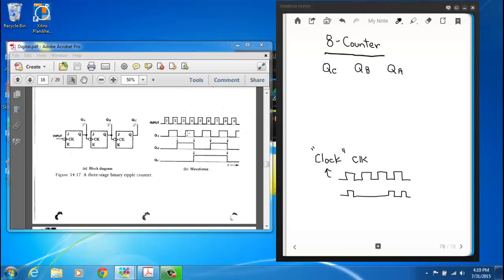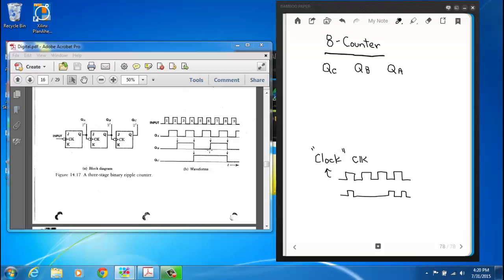If you compare QA to the input signal here, you'll see that in the time that we get 8 pulses at our input, at QA we get 4 pulses. So there was a divide by 2. And then QB is going to be half the frequency of QA. During the time we get 4 pulses at QA, we get 2 pulses at QB. And then QC is going to be half the frequency of QB.